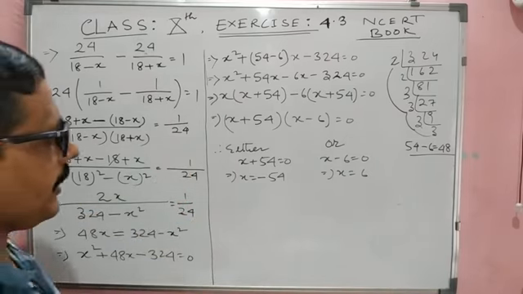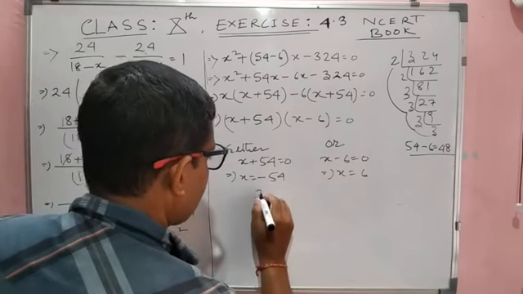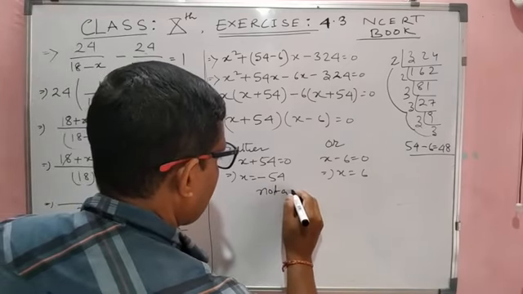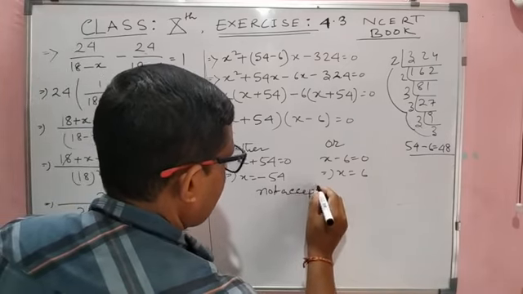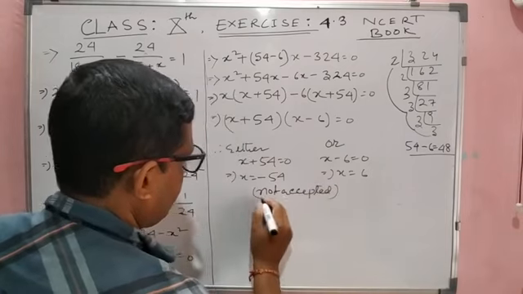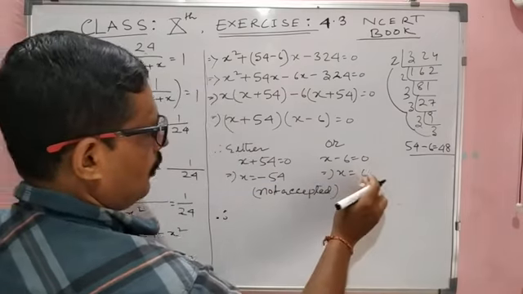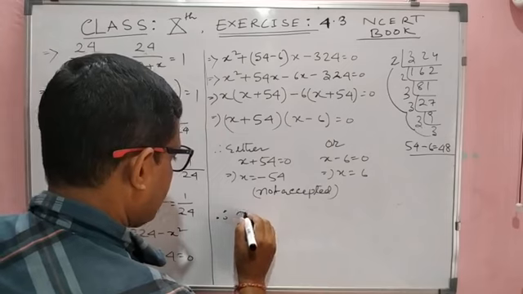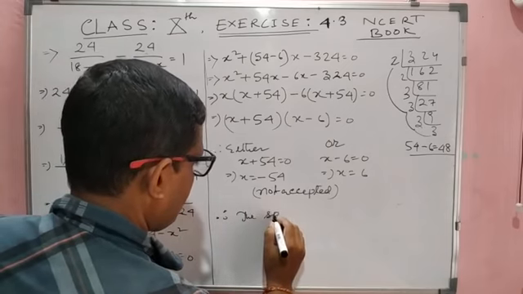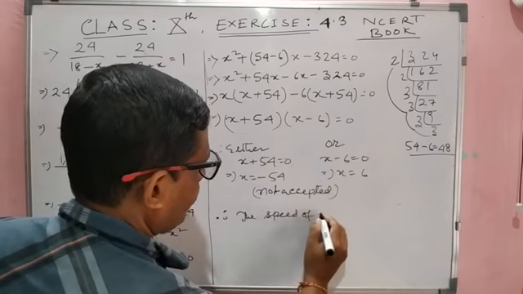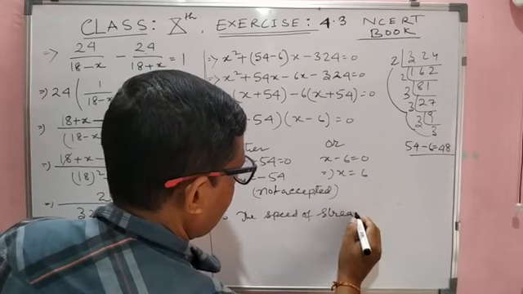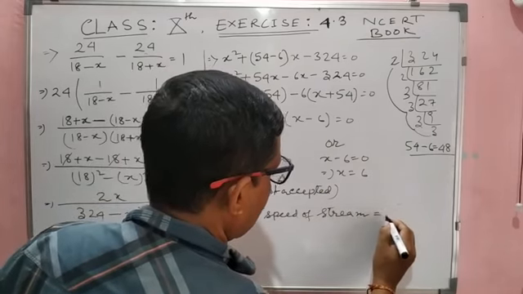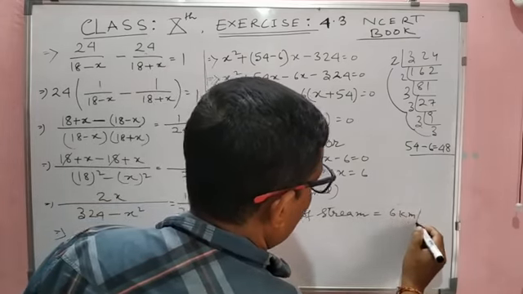So speed cannot be negative, so this is not accepted. Therefore, the value of x is 6. Hence, the speed of the stream is 6 kilometer per hour.